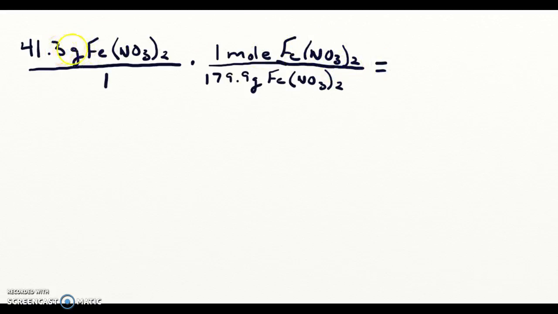It's 41.3 divided by 179.9, and I'm going to use significant digits. Remember, I can only max out at 3, so I'm going to round, and it becomes 0.230 moles of iron nitrate.